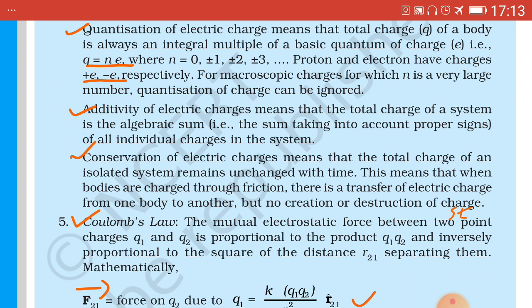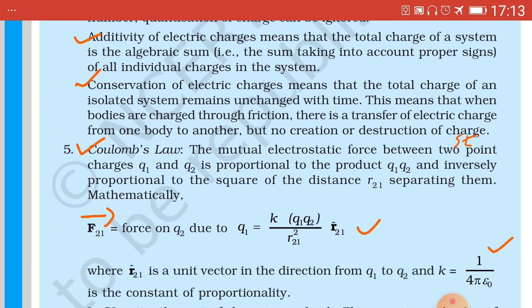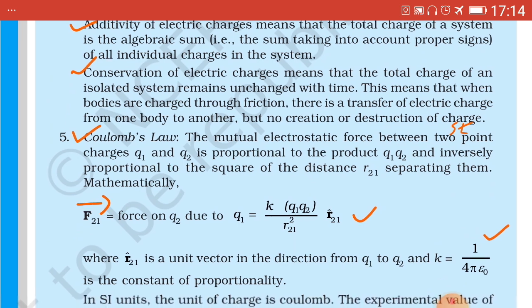Next one is additivity of electric charges, that is the total charge of a system is the algebraic sum. Algebraic sum is important, means plus and minus taken together. Next one is conservation of electric charges, that is the total charge of an isolated system remains constant with respect to time, that is unchanged with time.